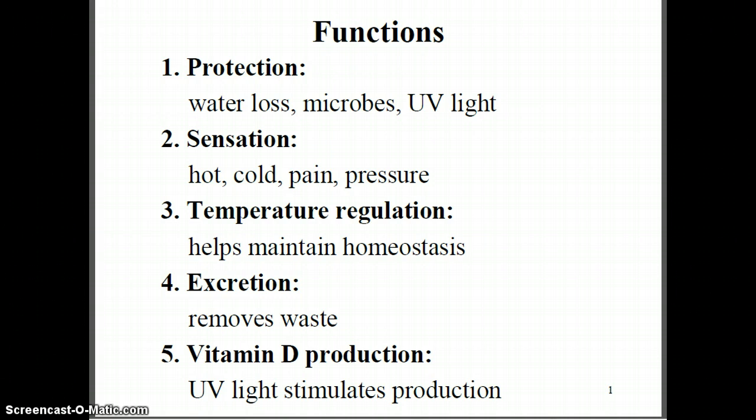Also, the skin is very important for temperature regulation, and in that sense, it helps us maintain homeostasis. We also excrete a small amount of waste from our skin in our sweat and so forth. And the skin also produces vitamin D and requires ultraviolet light to stimulate that production.